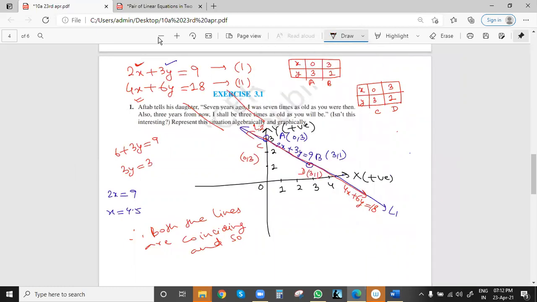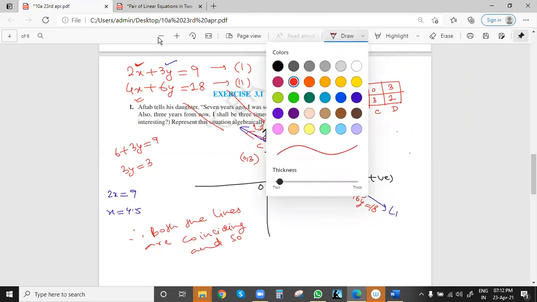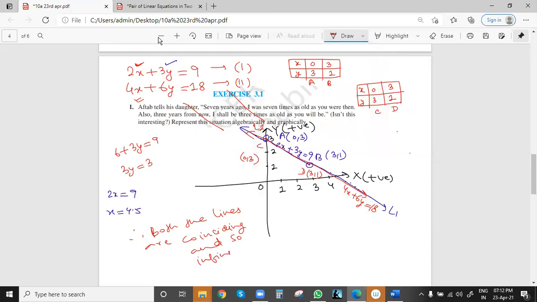All the common points will lie on this line itself. Hence many points are lying on both the lines basically. So infinitely many solutions. Many values are there.